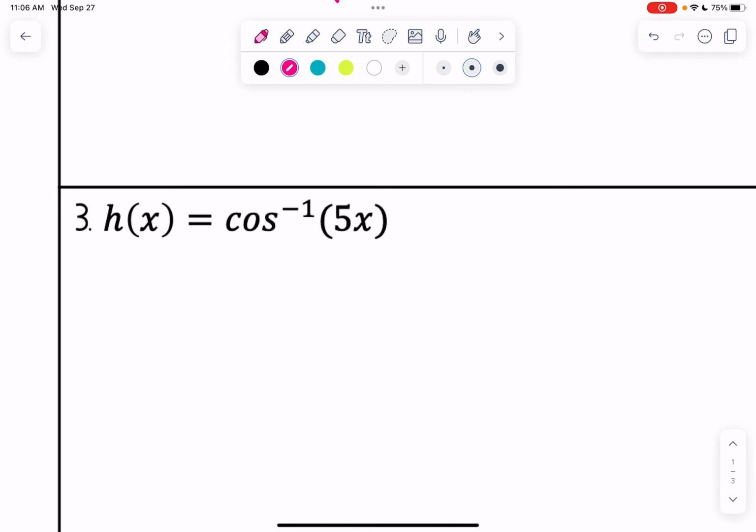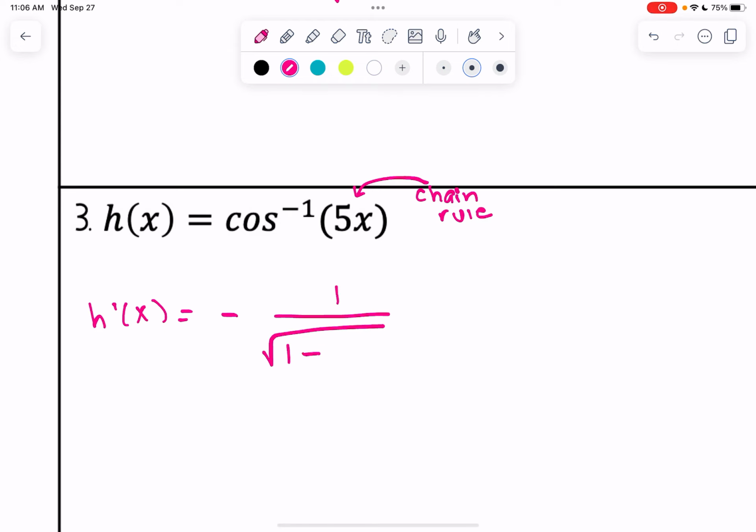Number 3, we're taking the derivative of inverse cosine of 5x. Notice it's not just x here, so this means that this is going to have an application of the chain rule. So let's carefully think about what this is going to look like. So we know the derivative is negative 1 over the square root of 1 minus, but since this question's not x, it's 5x, it's 1 minus 5x squared.